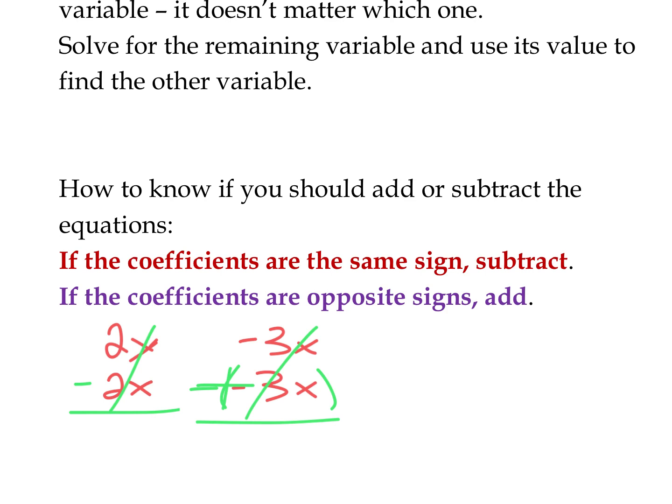And then if they're opposite signs, so if for instance we had 7x and negative 7x, it doesn't matter which one's the positive and which one's the negative, but if they're different signs, then we're going to want to add these together. So when I add these together, 7 plus negative 7 would cancel out to 0 and eliminate. So that's how we're going to eliminate one of the variables. Same signs, subtract, opposite signs, add. So let's see what that looks like in the context of a whole system of equations.